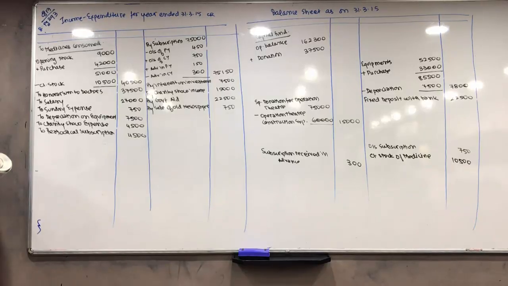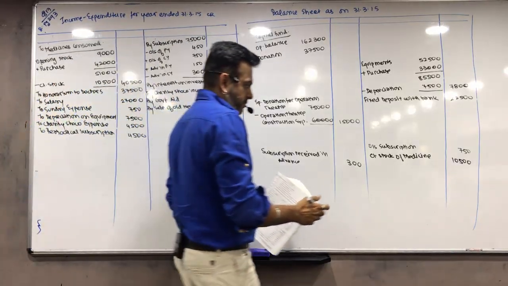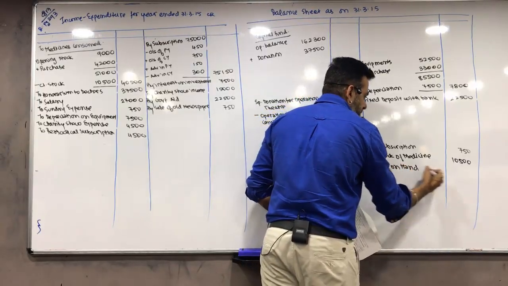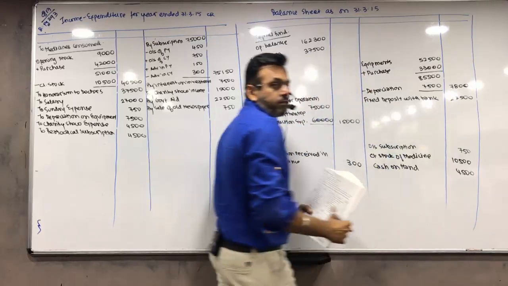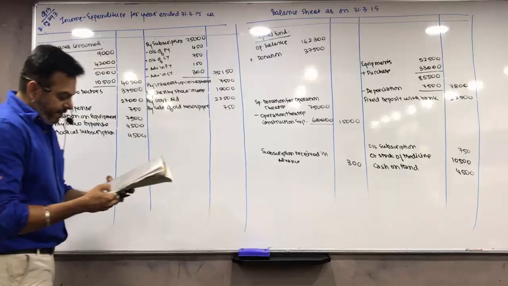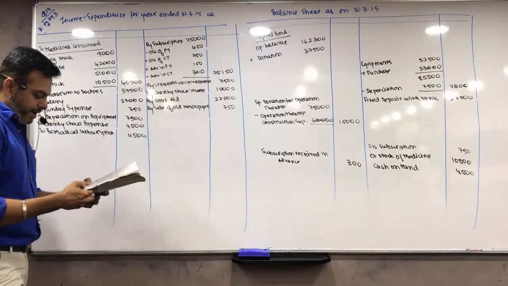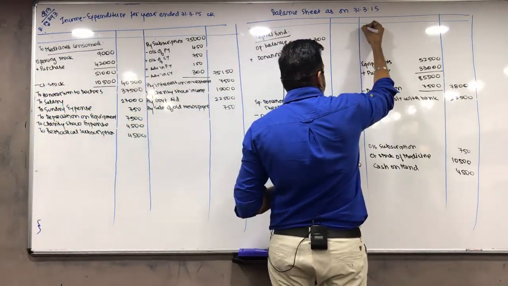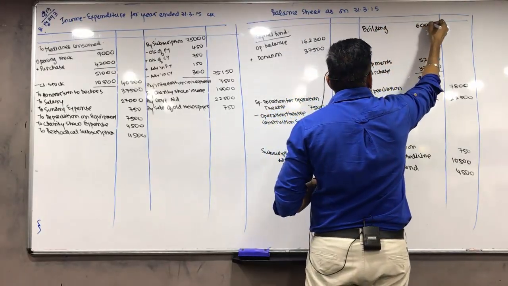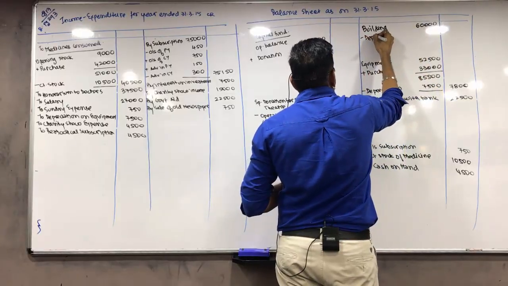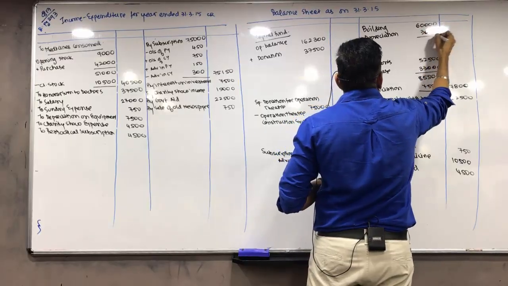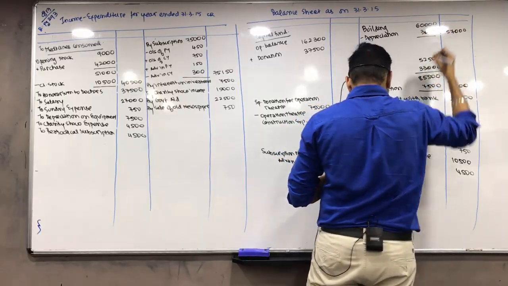Then cash on hand. Building, okay, cash on hand done. Now stock of medicine, everything done, cost of equipment done, building less depreciation. Building 60,000 minus depreciation 3,000, 57,000.